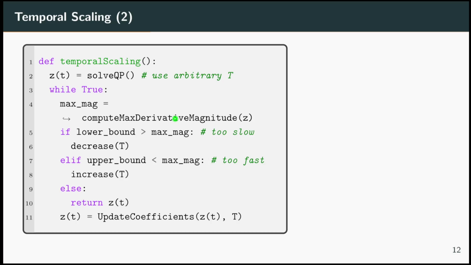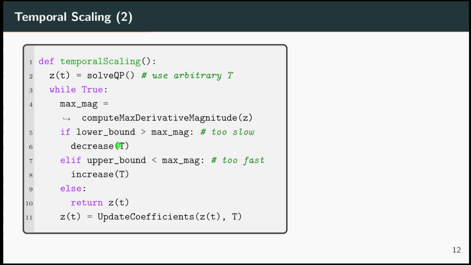So the constraints here could be the speed, could also be the angular velocity. If that is too large, so we are moving too fast, then we just decrease.